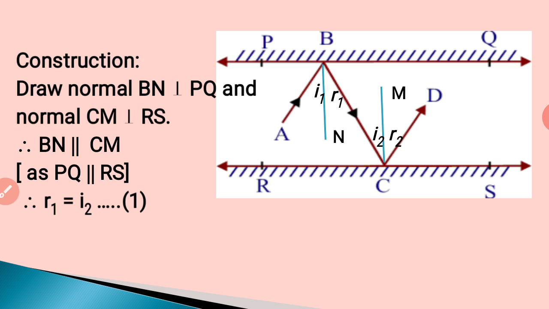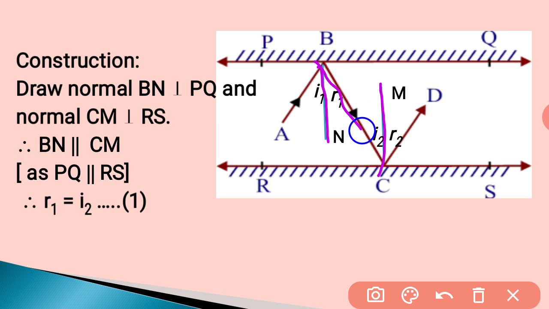Now, as we have done earlier, we already know that I1 equals R1 and I2 equals R2. But moreover, we can say that R1 is equal to I2. This happens because BN and CM are parallel to each other and BC is the transversal.